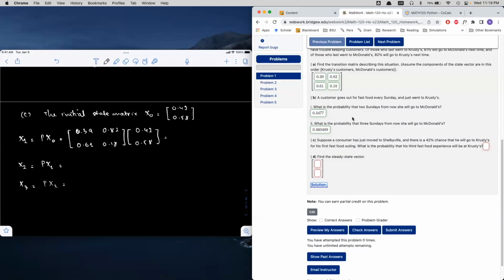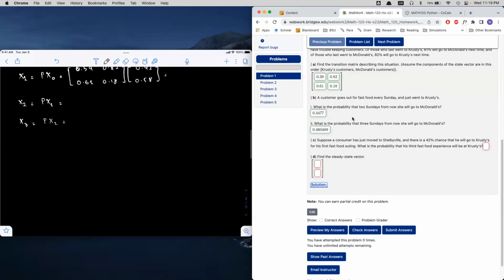Now we're going to move on to the last part, which is to find the steady state vector, or the steady state matrix. Remember, in class we covered this, and we said that to find the steady state matrix of the form x1, x2, because you just have 2 different states in this problem, you need to solve the equation P times x bar equal to x bar.